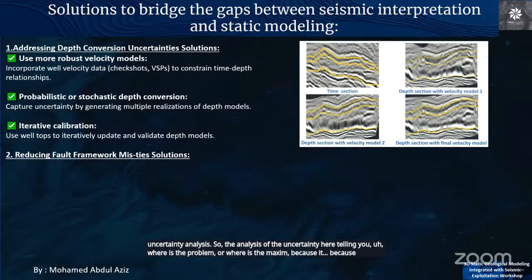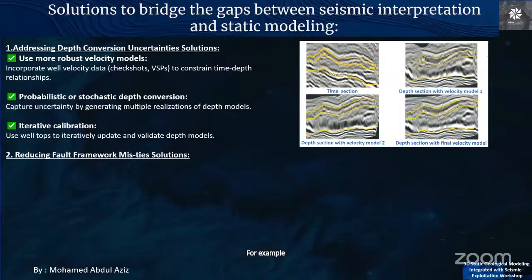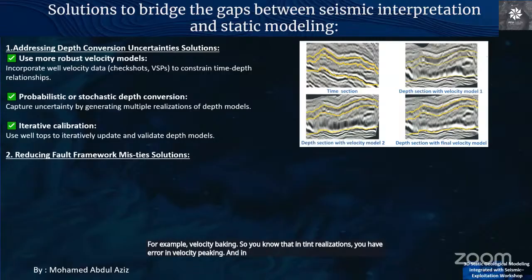It will give you multiple realizations, and from these you may see, for example, that in 10 realizations you have an error in velocity picking, and in 5 you have it in depth conversion and the lack of sonic data.